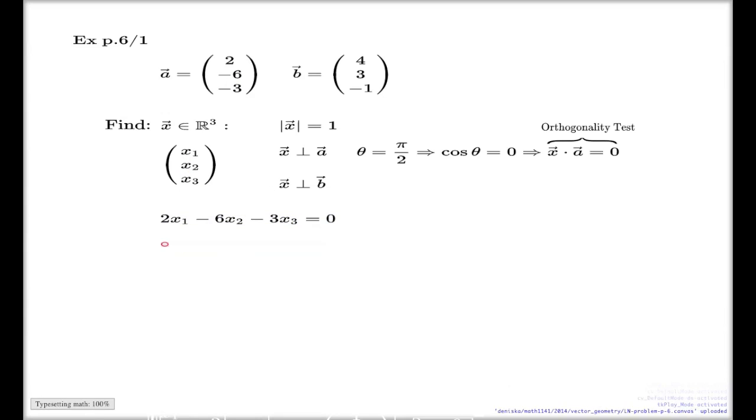And the dot product for the other pair, x and b, here it is, 4 x1, 3 x2, and negative x3. You're looking at the two equations with two unknowns. And there is a way to solve that.